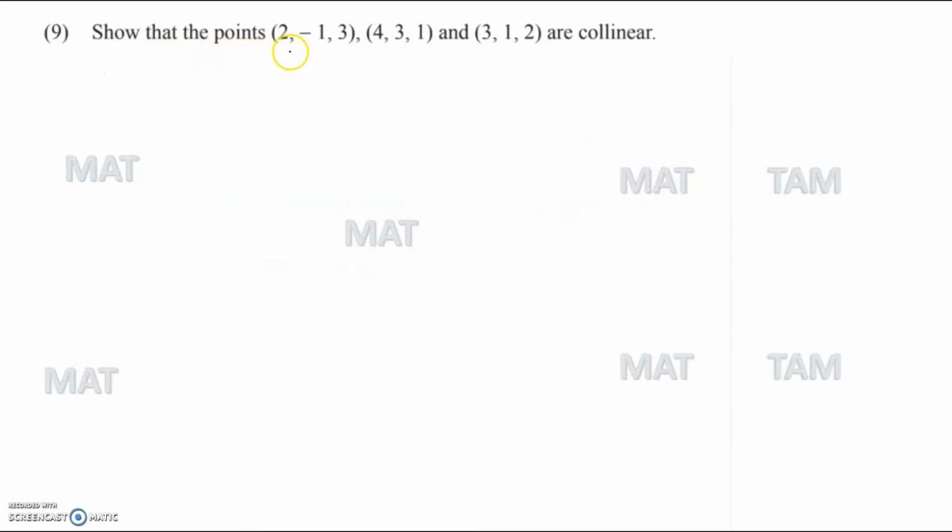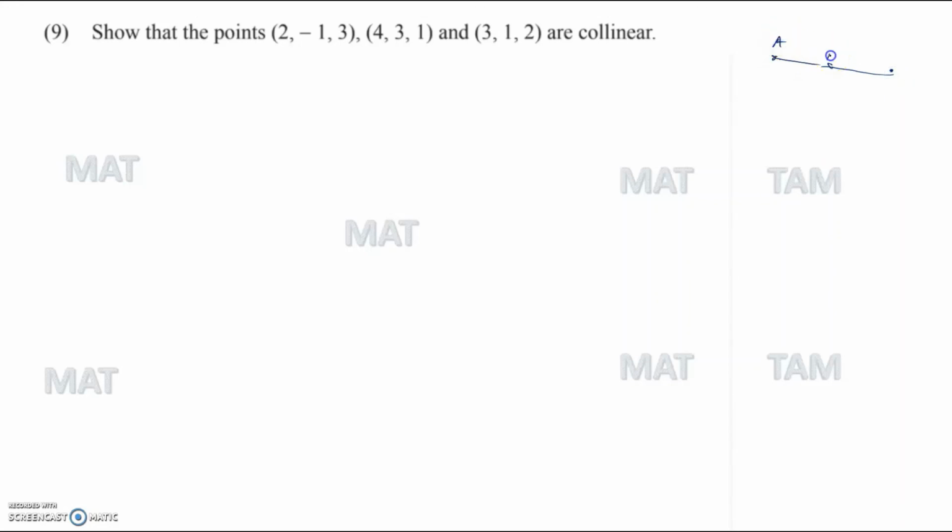Question number 9. Show that the points 2, minus 1, 3, 4, 3, 1 and 3, 1, 2 are collinear. So you're given 3 points. We have to show that these 3 points are collinear.